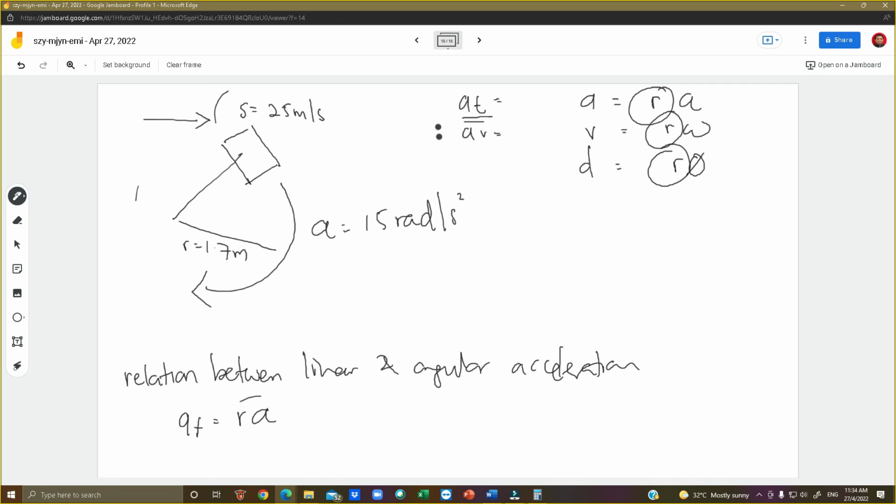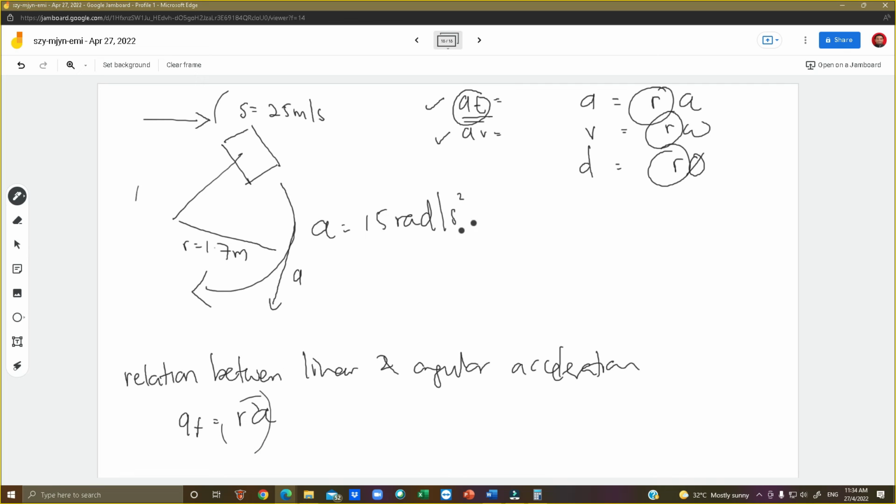So the question here is, find AT, find AR. AT is the acceleration at the curvature. So acceleration at the curvature, this one is A, ataupun linear acceleration. Jadi kita nak cari dia punya relationship, we have this.